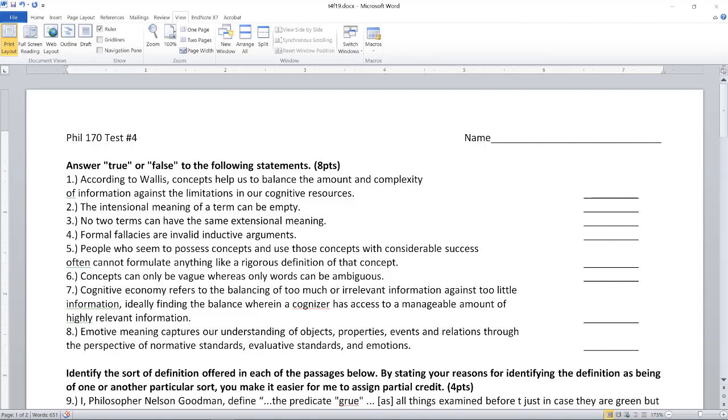No two terms can have the same extensional meaning. The extensional meaning of a term is just the things in the world that it picks out. And so any two terms that pick out the same set of things have the same extensional meaning. And again, if I have terms that pick out nothing, they will definitely have the same extensional meaning.